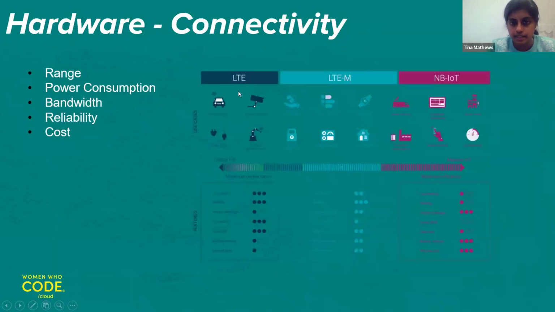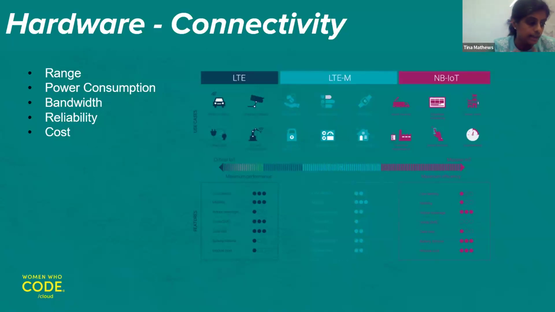But when you choose a connectivity, you will have to decide based on various things. One is the range. How wide an area do you want to cover? Do you want to cover a huge range, with very strong signal strength so that it reaches farther, or is it okay if the signal strength is poor? The power consumption: are you okay with the battery life being small?